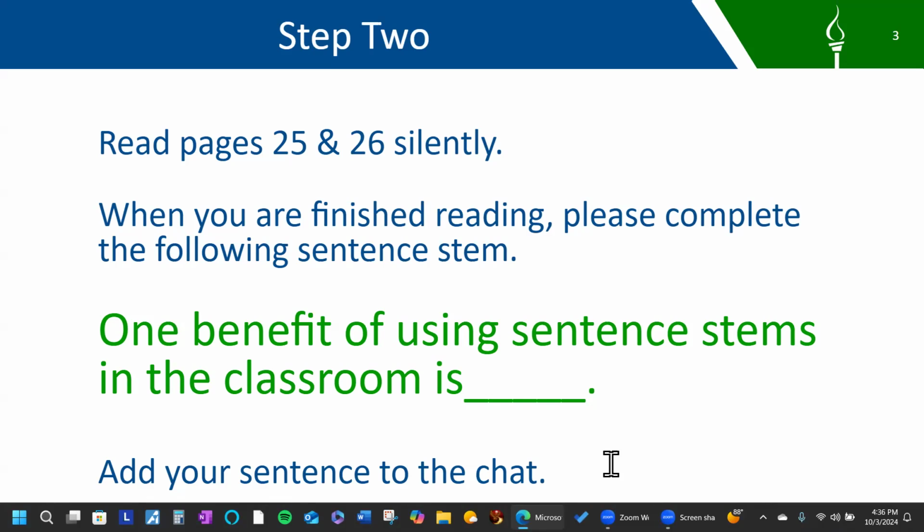Very good. So some of the responses we have so far is that it makes them more comfortable using academic language. It teaches them how to use formal academic language. The formal language structures for speaking and writing.